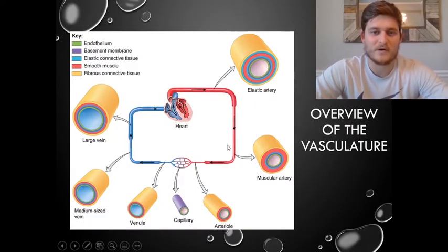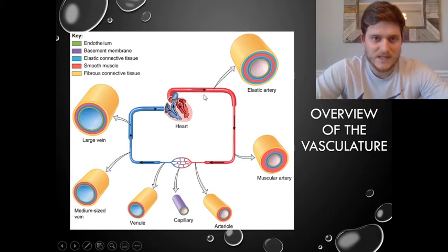We have arteries, arterioles, capillaries, venules, and then veins. And so on the arterial side of the circulation, we are going to be carrying oxygenated blood, arterial blood.